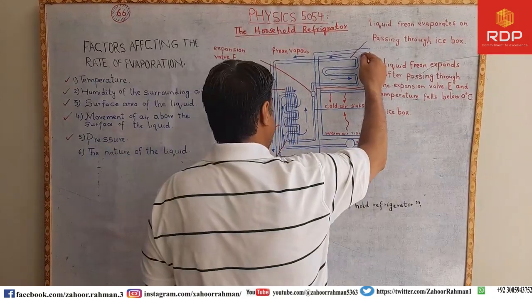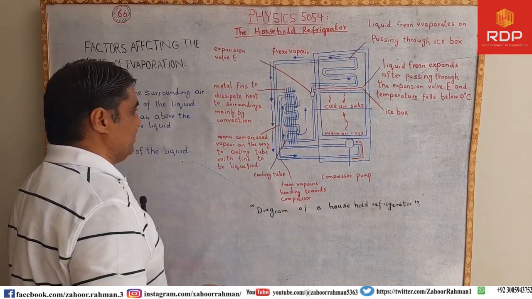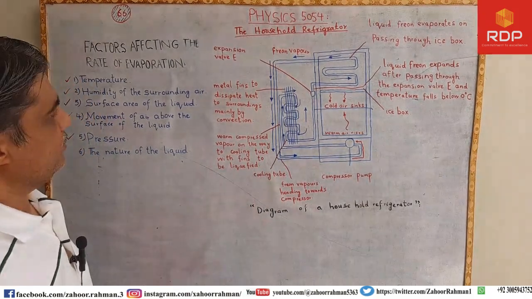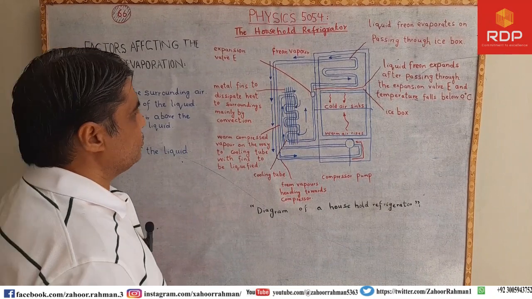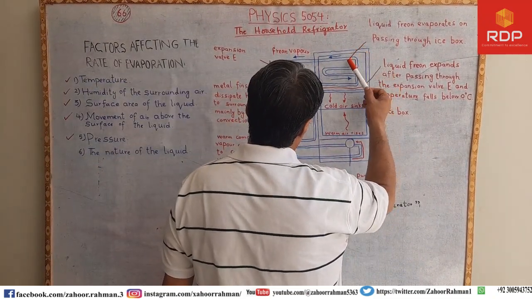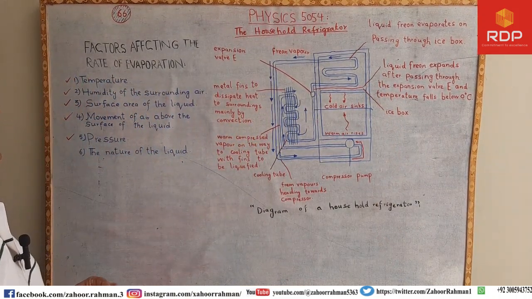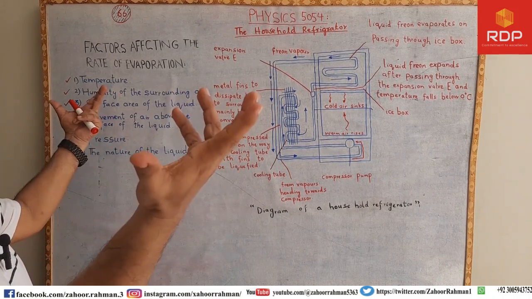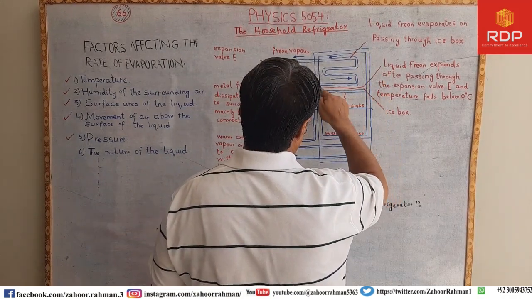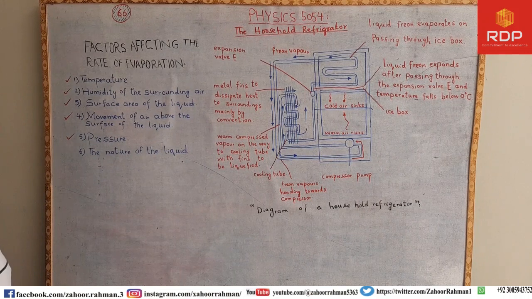So heat will enter the liquid freon because heat always flows from hotter body to the colder body. So when that hot compartment is giving heat to the freon gas, it evaporates. And when it evaporates, it makes the air inside the ice box compartment cooler.